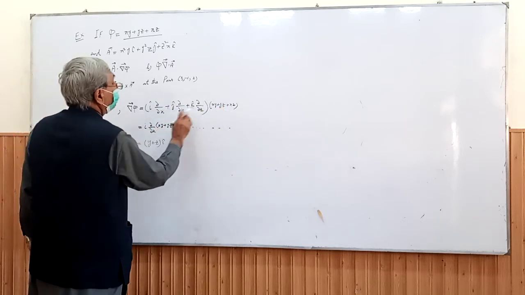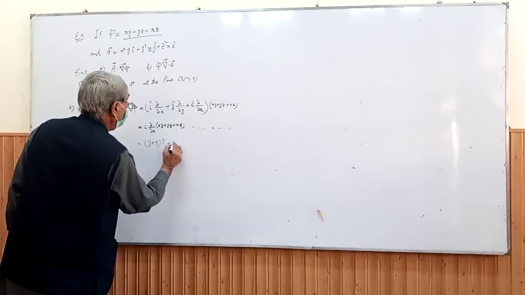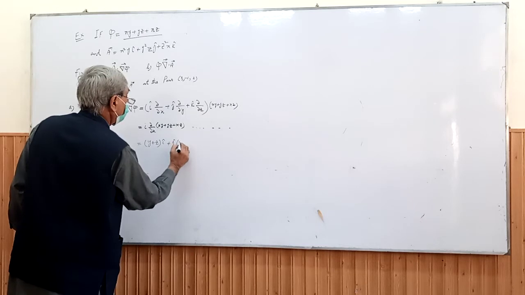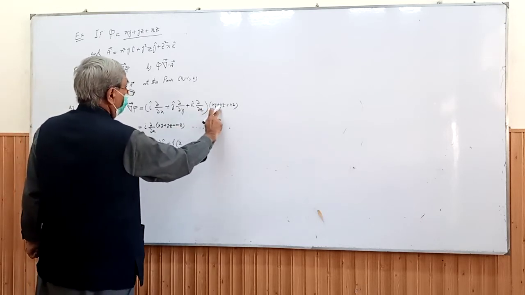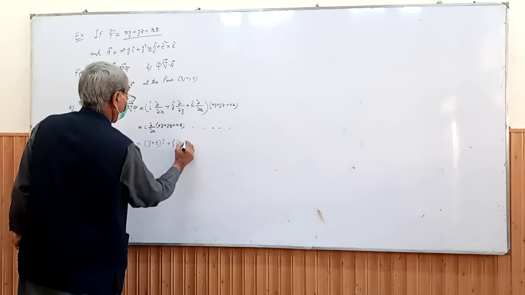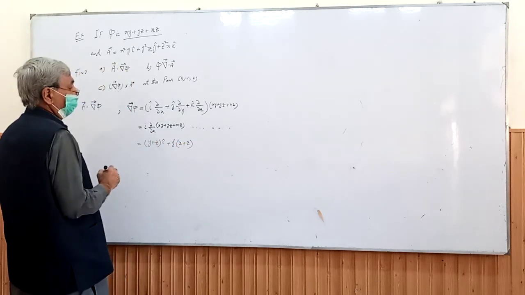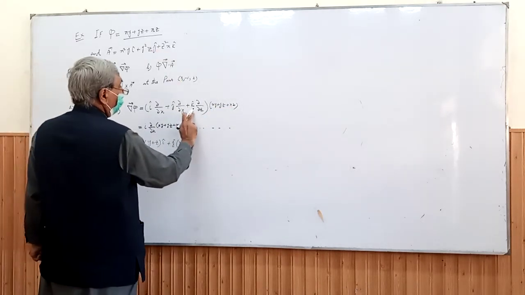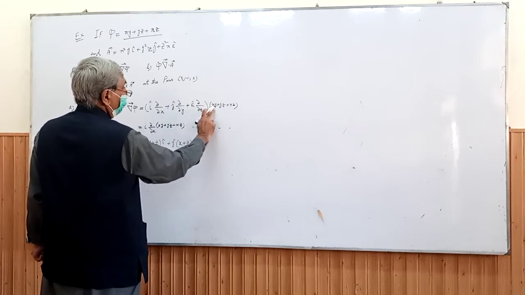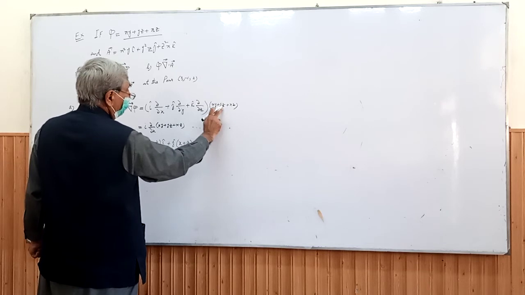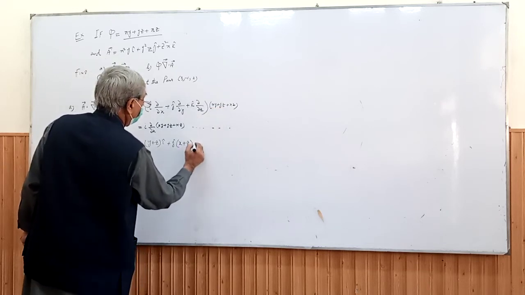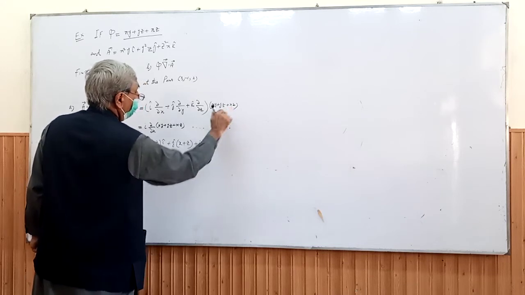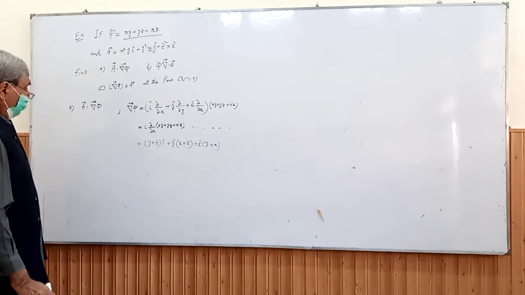Second is j: the derivative with respect to y gives x plus z, and there is no y in the third term, so 0. Third, k: no z in the first term, so 0; the derivative of the second is y, and of the third is x, so k (y plus x). So that is your del phi.